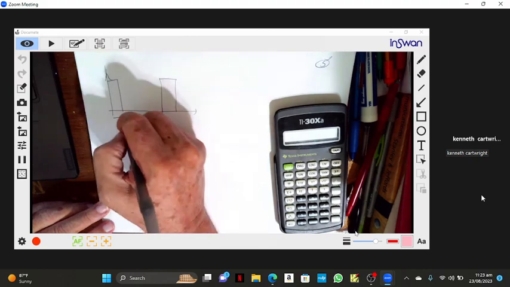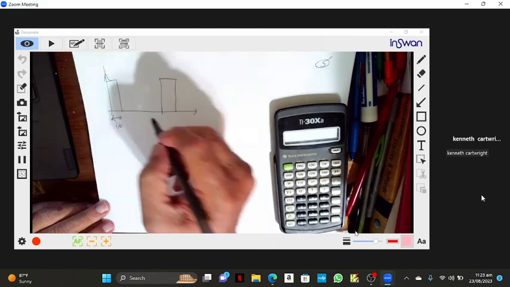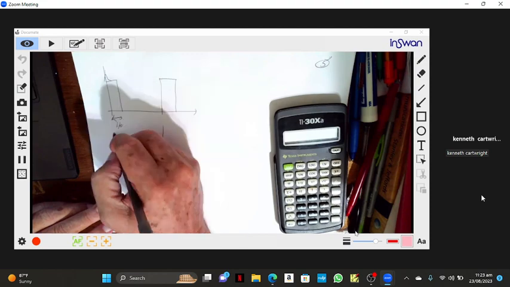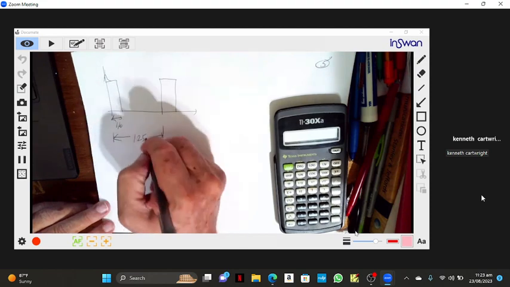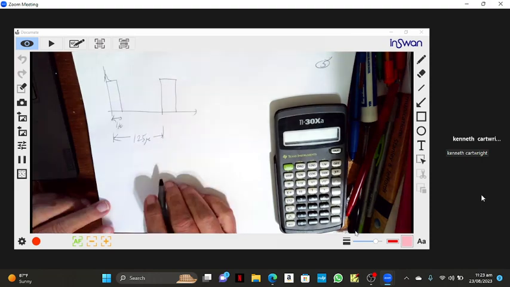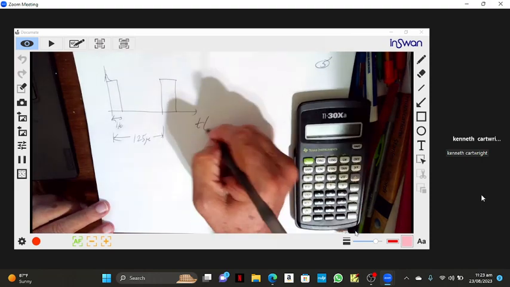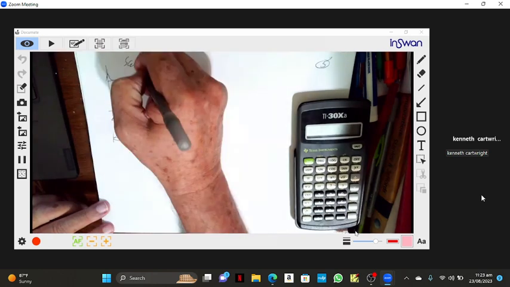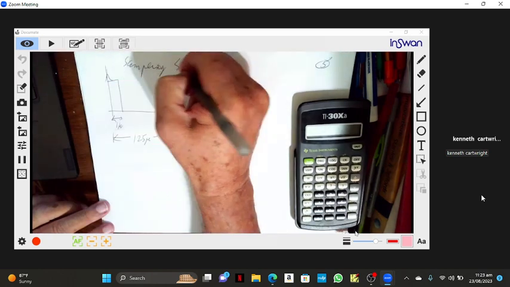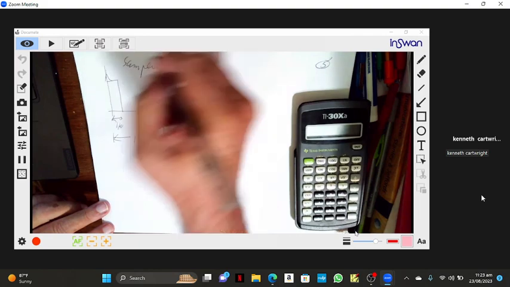The sampling signal goes on for 1 microsecond, and it's off for 124 microseconds. And this is 1.